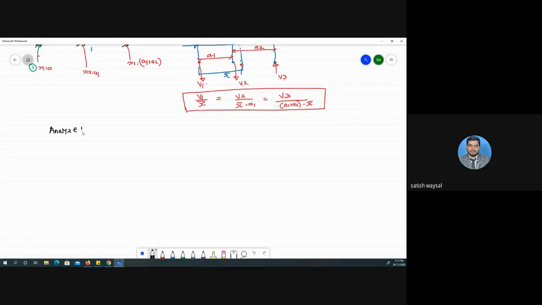Analyze the frame as shown in the figure by the cantilever method.